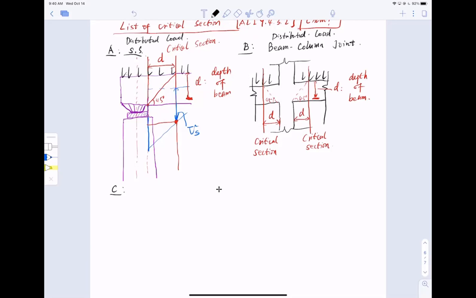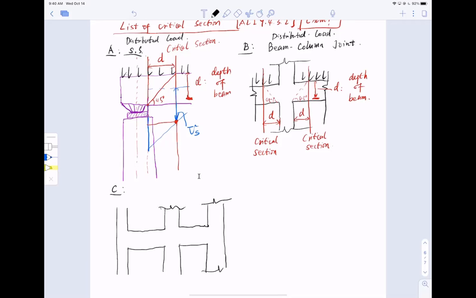And for C, I have beam-column joints in a continuous fashion. So if I show the column right here, and this is the beam, another column right here, and this is beam-column and beam-column. So this is cut here, cut here, cut here. So this is again distributed load, right here, right here. Be careful which load direction we're shooting at, okay?